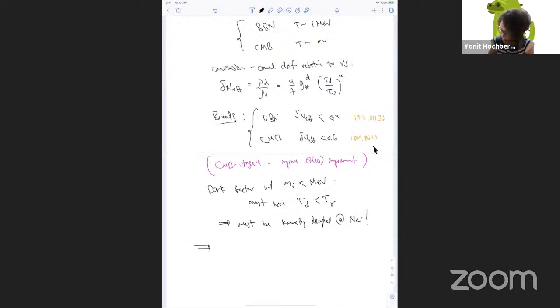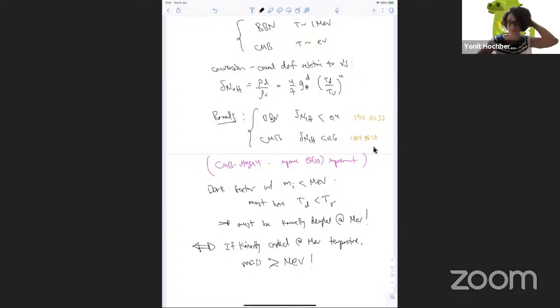And so the other way to say this is that if I have a dark matter sector that's kinetically coupled with the standard model at MeV, then the masses have to be above an MeV. Let's just write this down: if I'm kinetically coupled at MeV temperatures, then the masses have to be above an MeV.